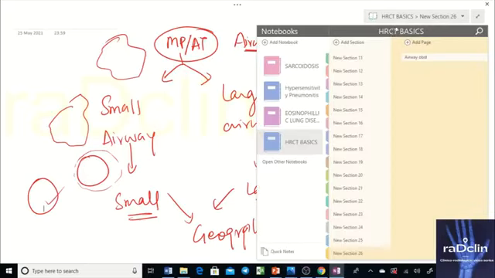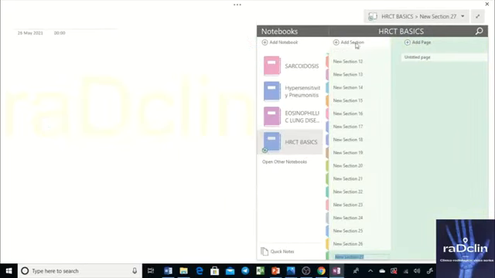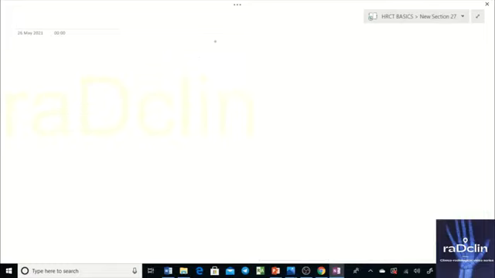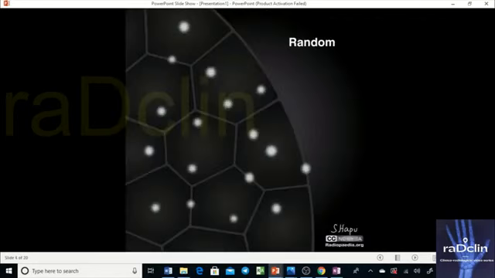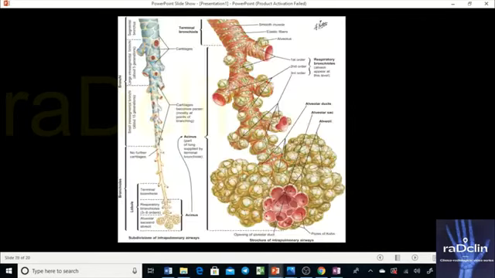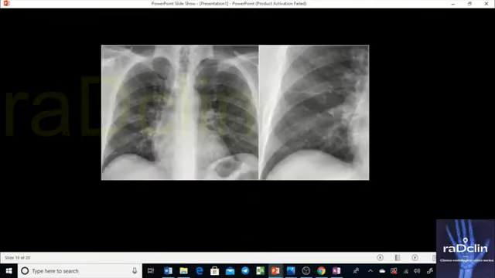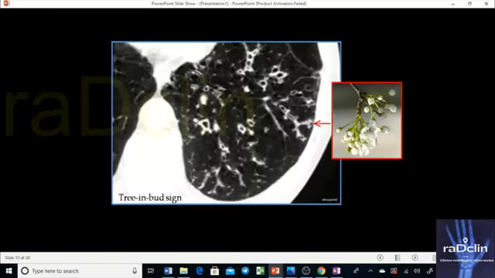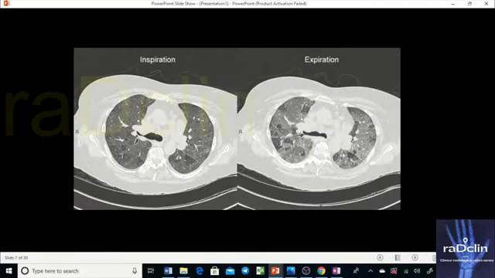Next important thing to understand is that we discussed, so let's look at the image first. Yeah, this is the image, and there are two images, inspiration and expiration.